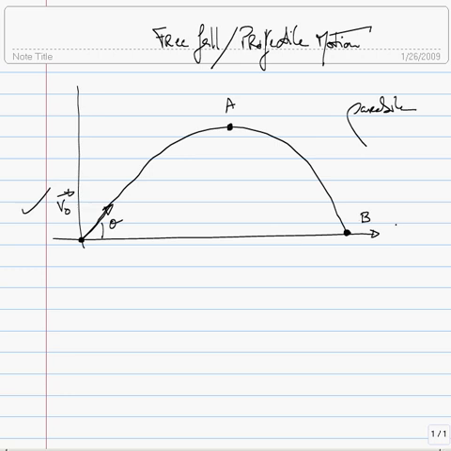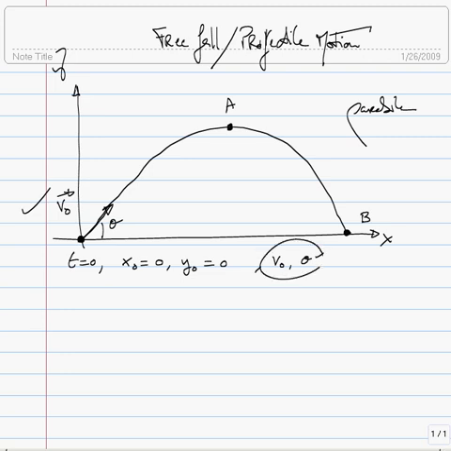To make my life simpler, I will choose a coordinate system which I will center such that at t equal to 0, my initial position x naught is 0, and my position in the y direction is also 0. So I'm going to center it right there, just for convenience. And again, v naught is given and theta is given.